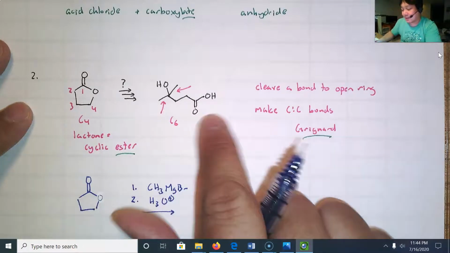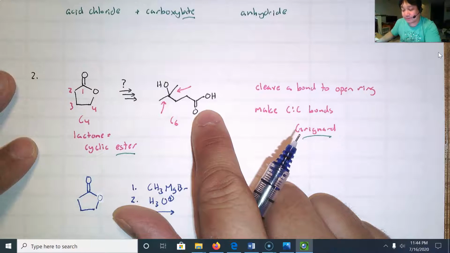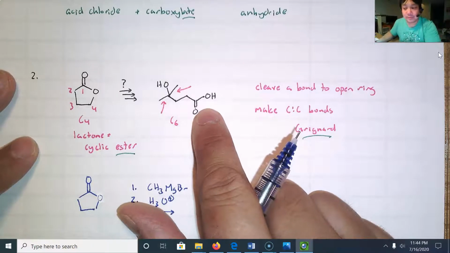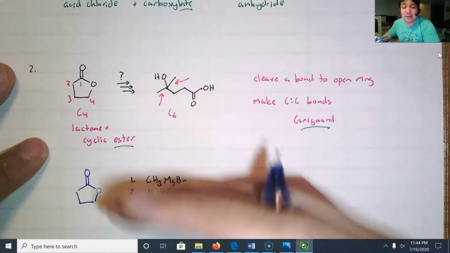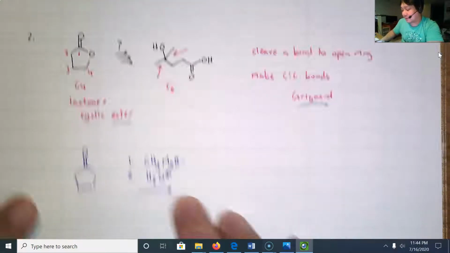But probably there's an oxidation that we have to remember how to do from a previous unit. Like I said, you've got to be really good at the individual reactions, knowing the reagents and the products, before you can start linking them together in a full synthesis.